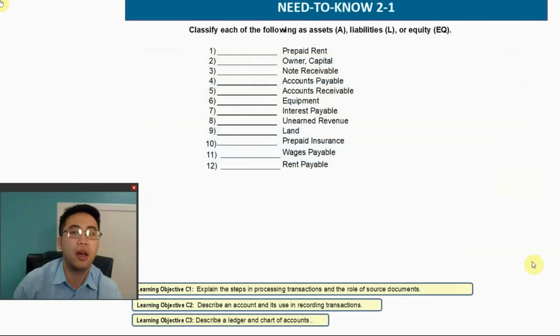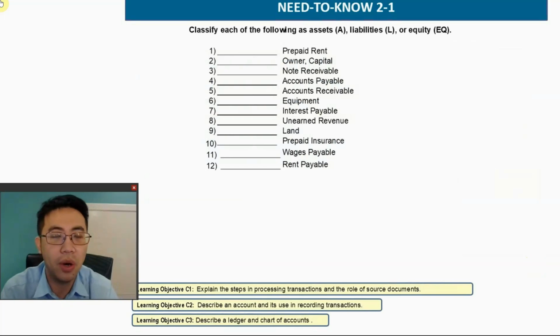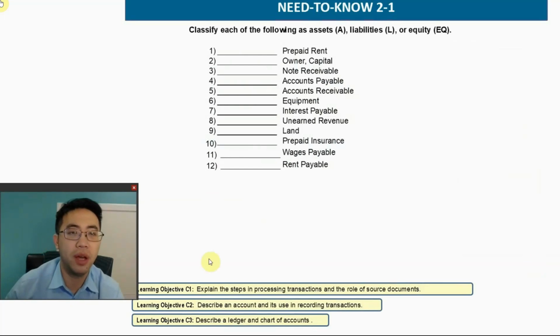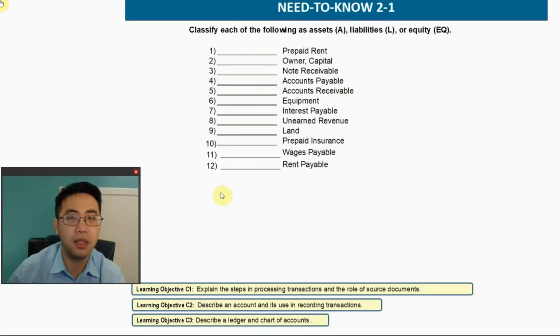All right, now here is a practice. Based on what I just told you, please fill in the blank: which of the items are assets, which are liabilities, and which are equity. Take prepaid rent.